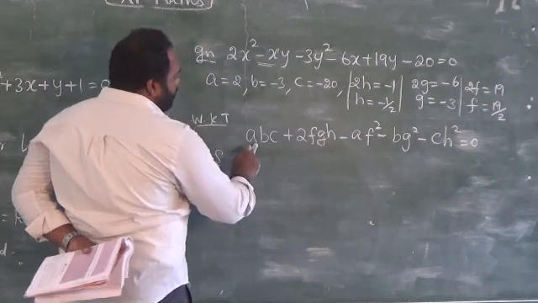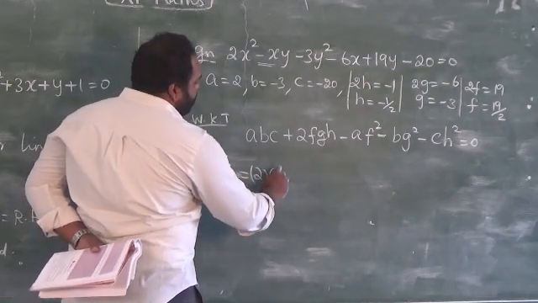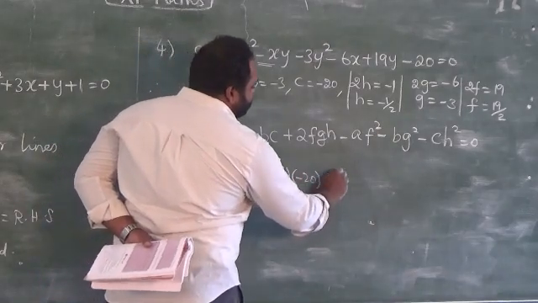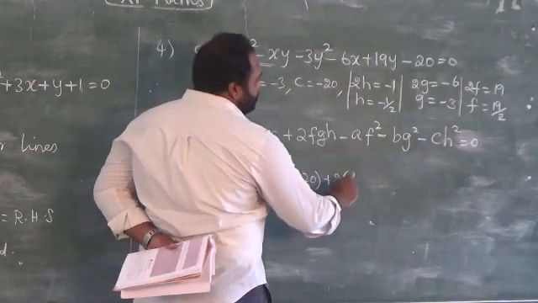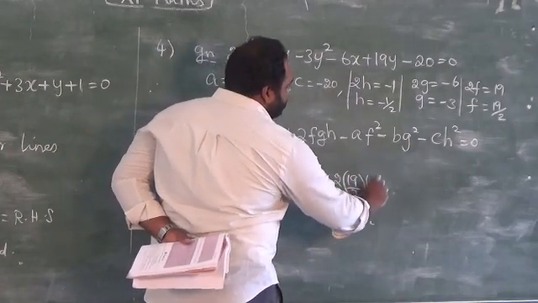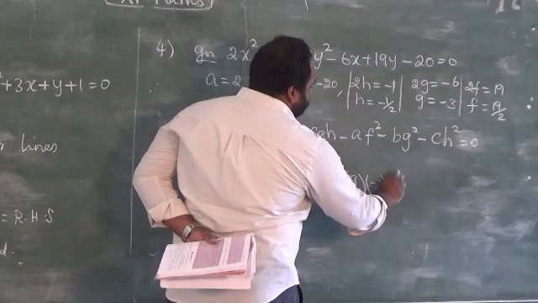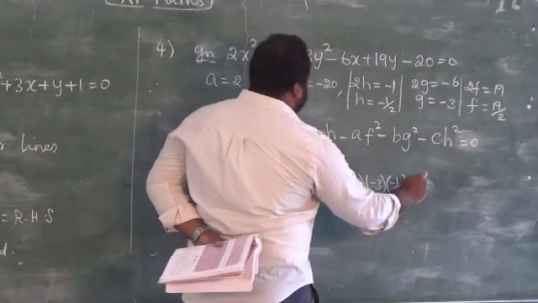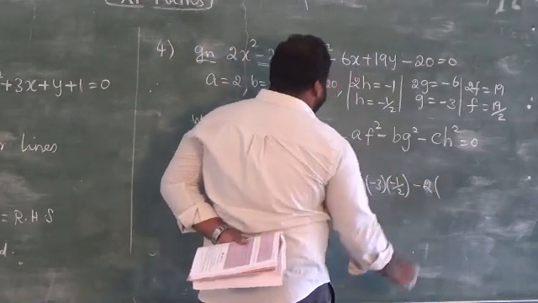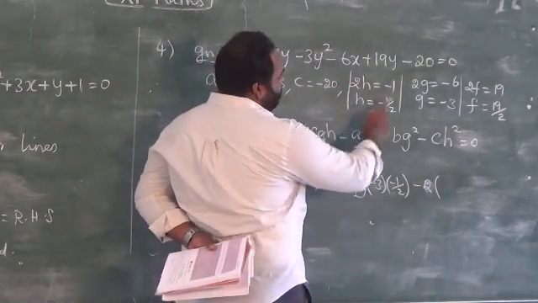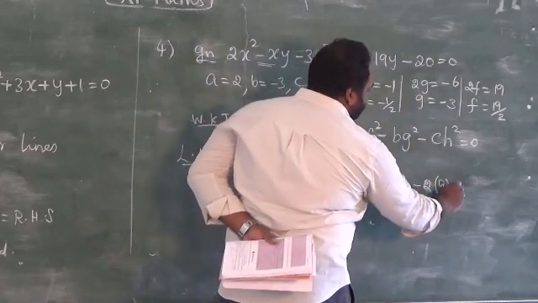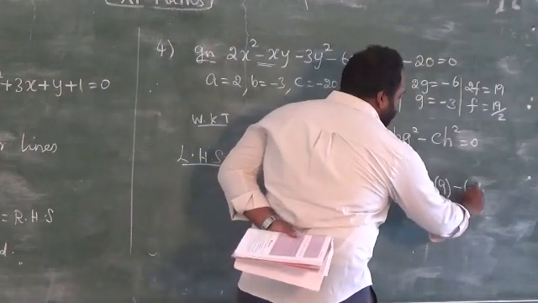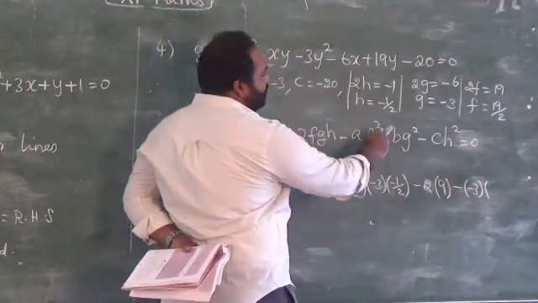What is ABC? A is 2 into B minus 3 into C minus 20, plus 2 into F is 19 by 2 into G is minus 3, into H is minus 1 by 2, minus A into F square.